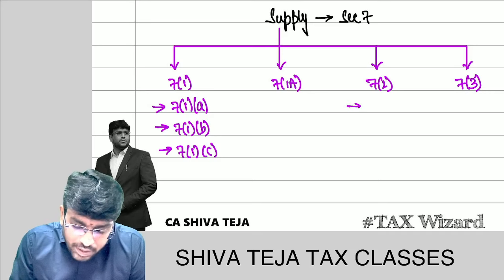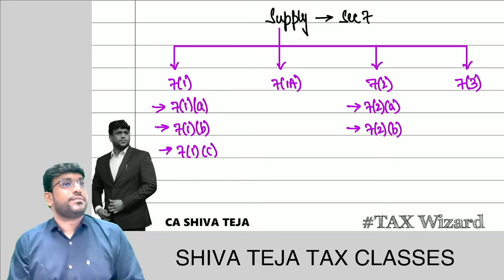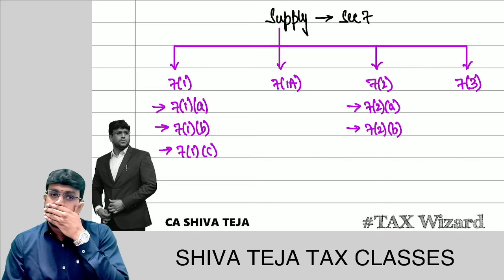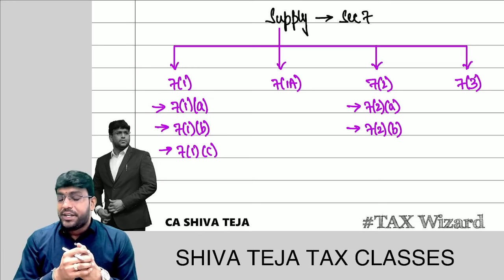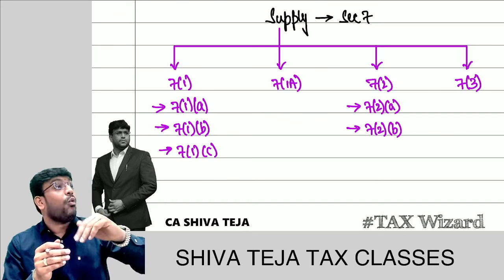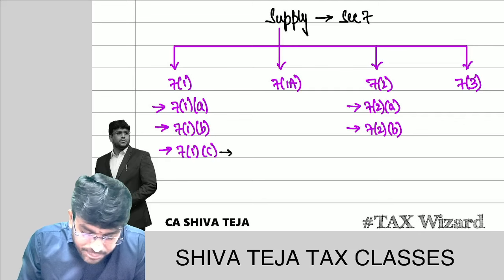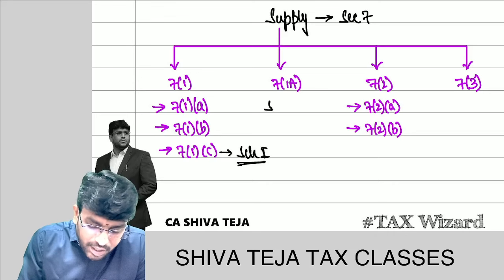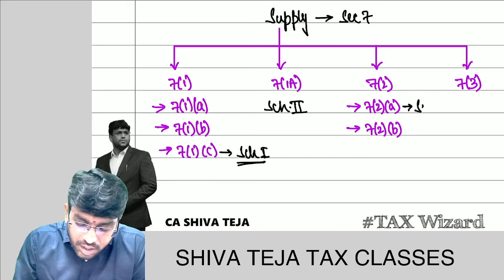Okay? 7(2) is further divided into 7(2)(a) and 7(2)(b). So friends, 7(1) is further divided into what? 7(1)(a), 7(1)(b), 7(1)(c). And next we have 7(1A). Then 7(2). Now listen here, important line, please see here. 7(1)(c) concept is dealt with by Schedule 1. 7(1A) is dealt with by Schedule 2. 7(2)(a) is dealt with by Schedule 3.